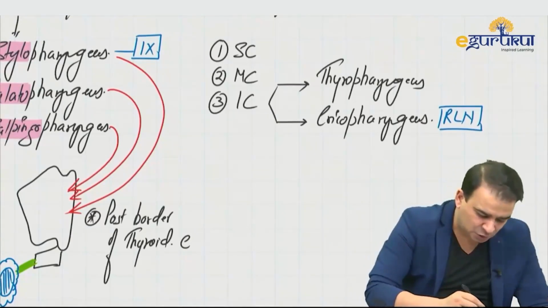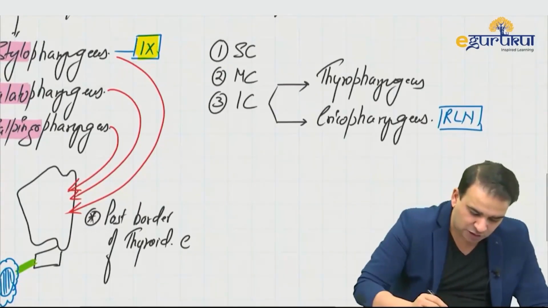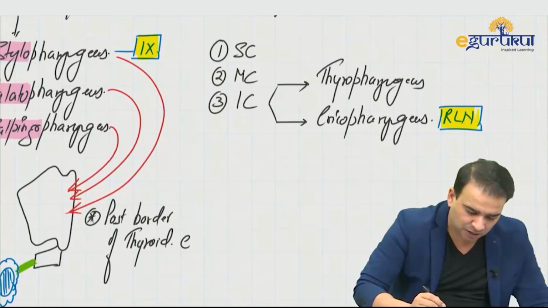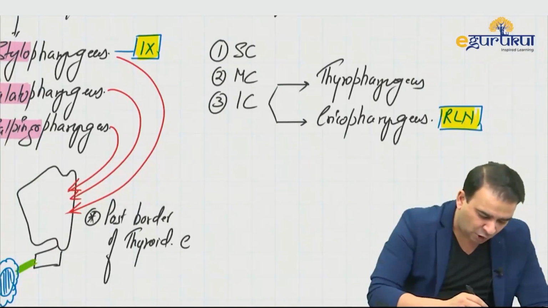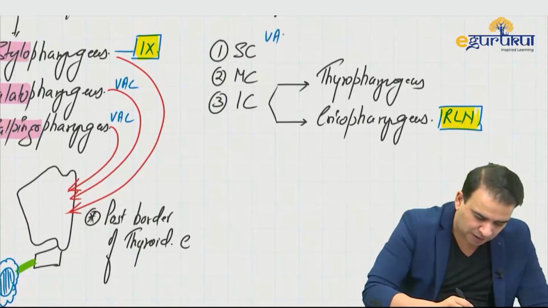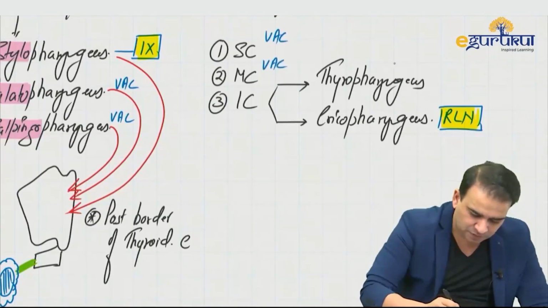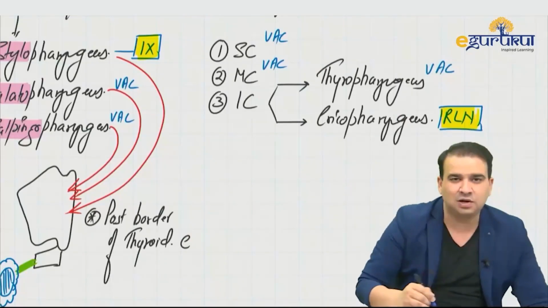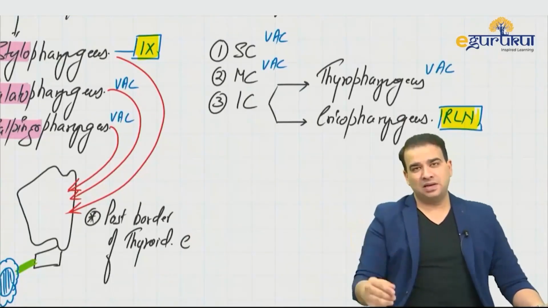So, barring these two muscles, stylopharyngeus by the glossopharyngeal nerve and cricopharyngeus by the recurrent laryngeal nerve, all the rest of the muscles here are supplied by the vago-accessory complex. That is all supplied by VAC, that is vago-accessory complex, or you can say cranial accessory via vagus.